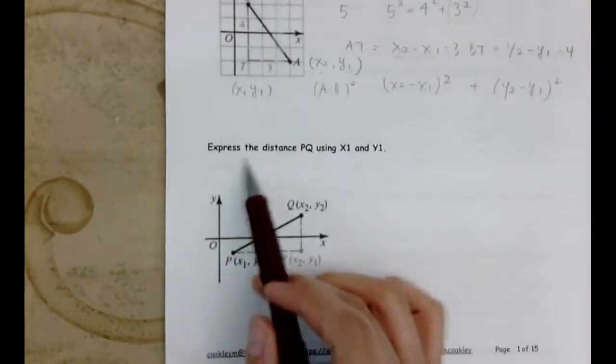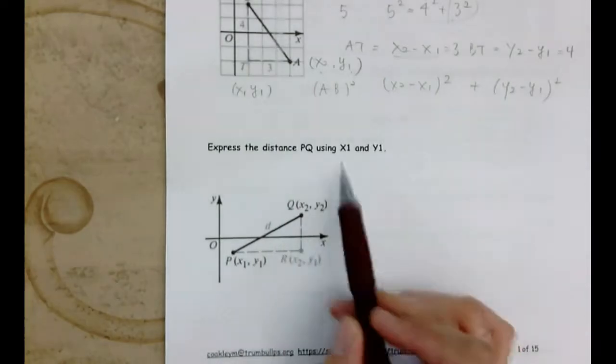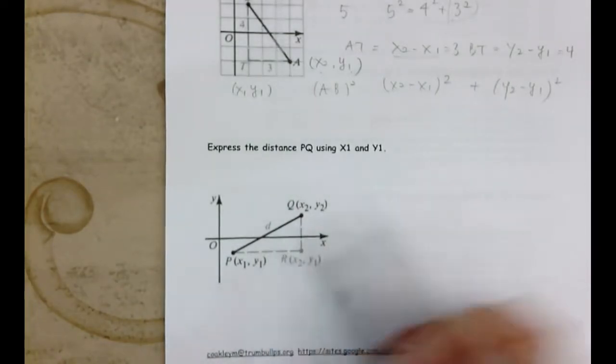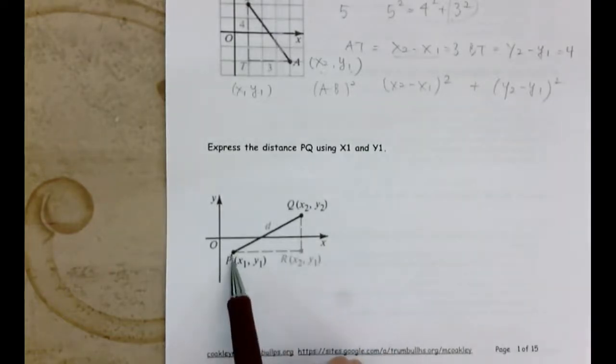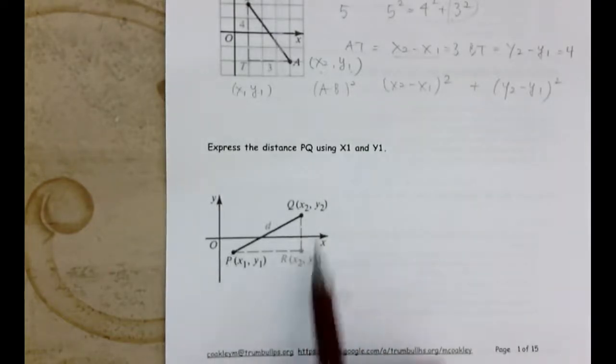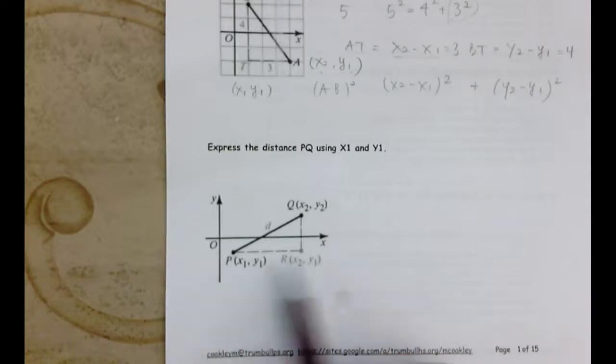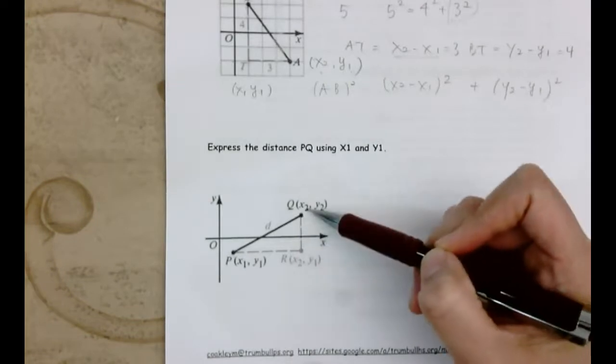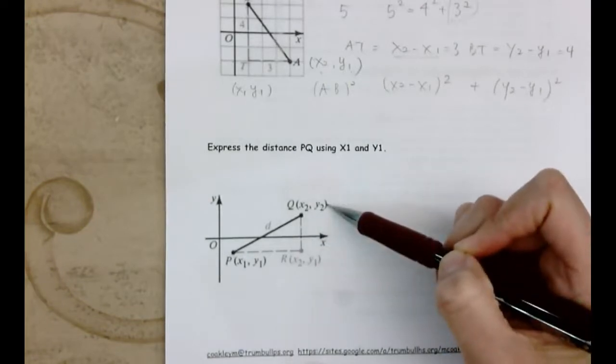So that's what this is. Express the distance PQ using x1 and y1. So this is x1 and y1, this is x2 and y1, and this is x2 and y2. Okay, that's a little different. Y is the same and x is changing. This one, x2 and y2.